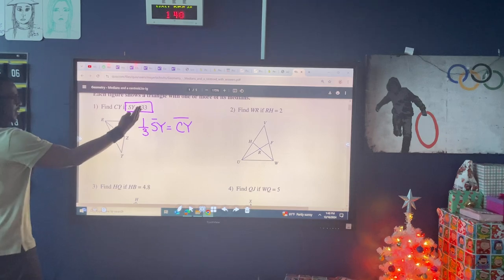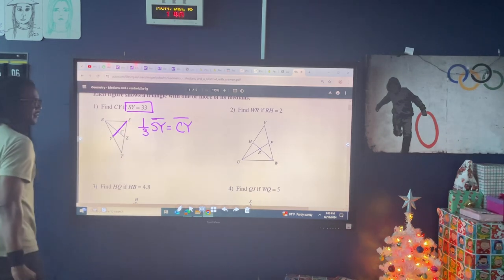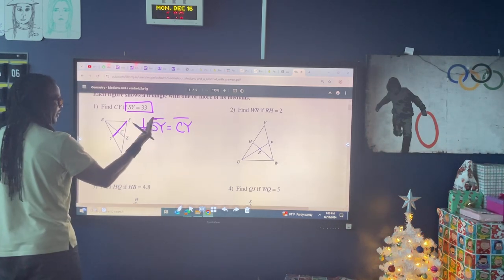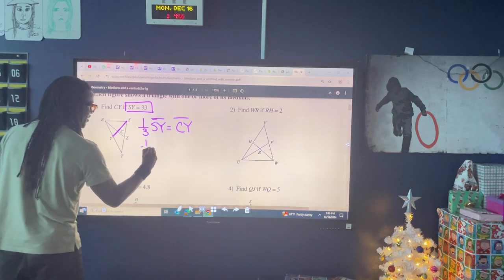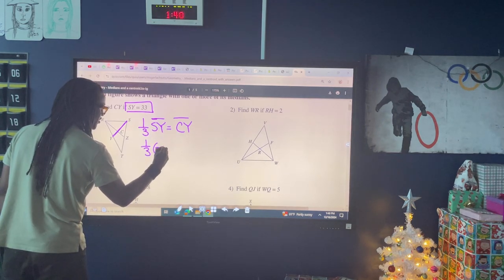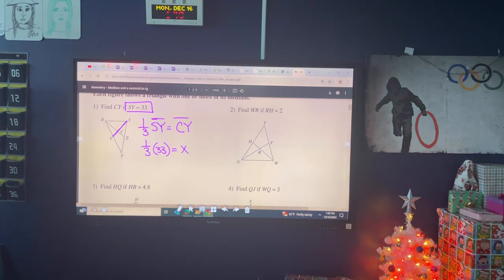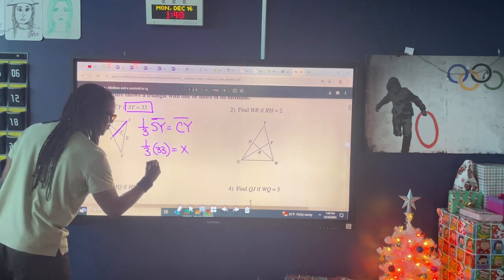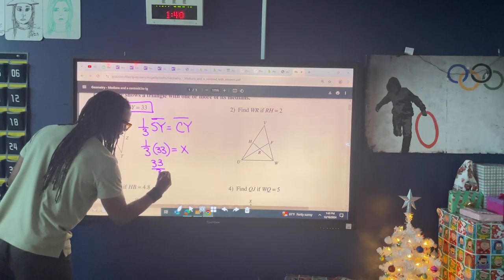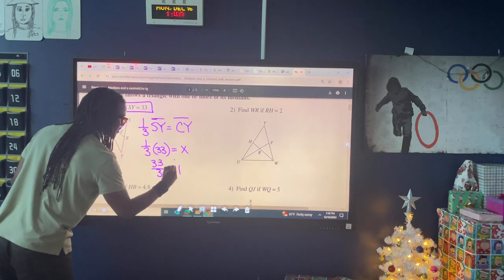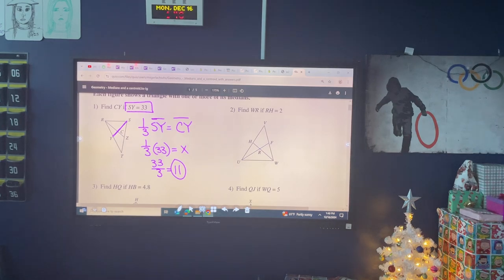So what we can do in this case is just fill in the blanks. If it gave you SY already, it just becomes 1/3 of 33, which is going to equal X. When you multiply, 33 divided by 3, your X is 11.